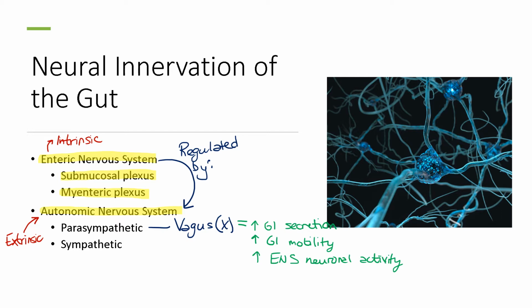Now, on the other hand, the sympathetic nerves that supply the GI tract are going to have kind of the opposite effect. So the sympathetic nerves are going to decrease gastrointestinal secretion and motility. And really they do this by inhibiting the neurons of the ENS.